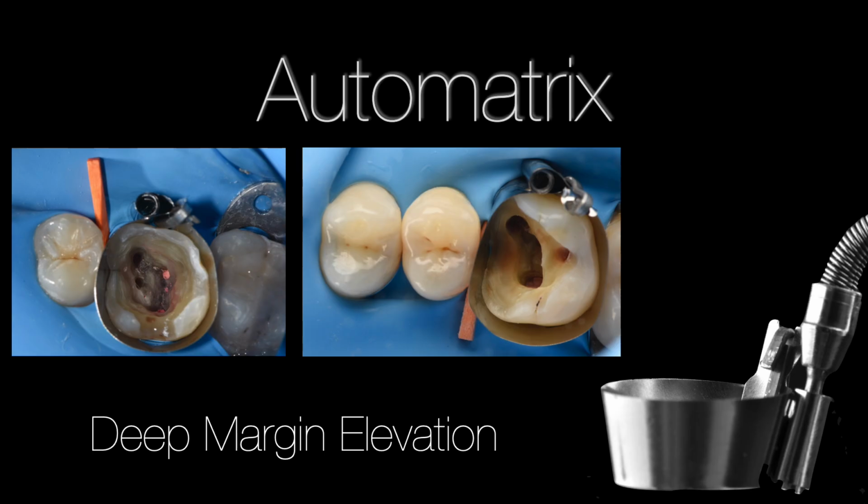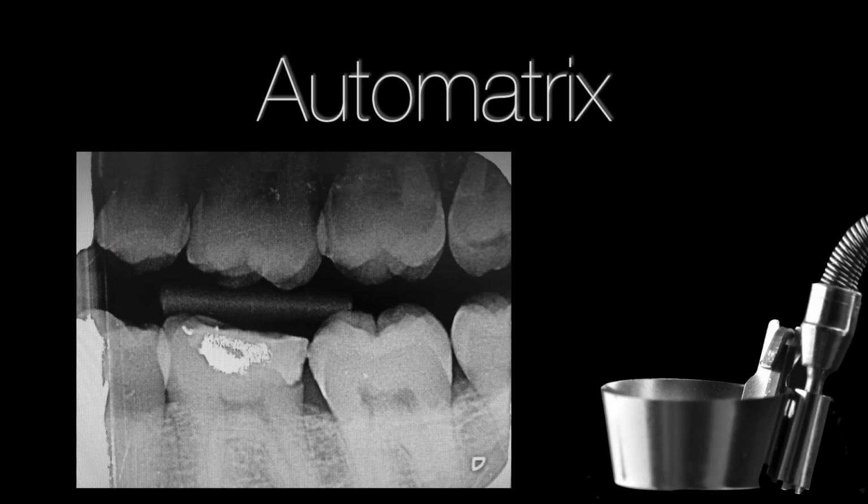But with this type of band, we build the floor of that wall 1 millimeter height, and then we change it to the other one, because if we try to do the contact point with these super straight bands, we are going to leave the contact point a little bit too occlusal, and then the triangle underneath the contact point will be a little bit too big, and then the patient could have food impaction there.